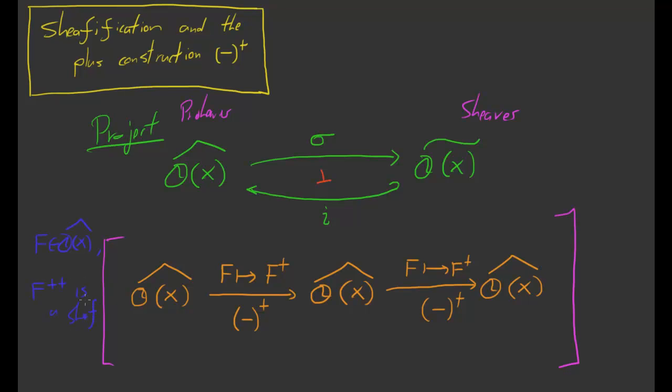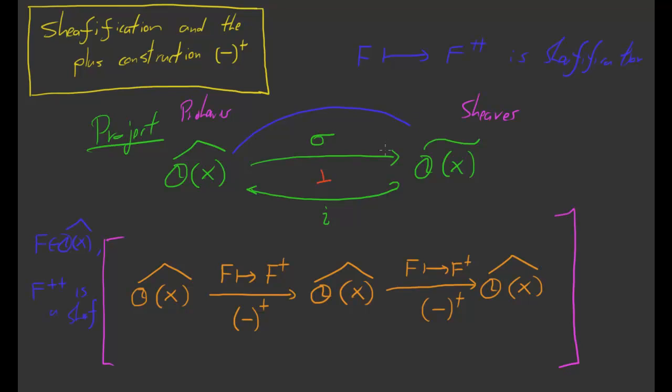By that I mean you take f, you apply the plus operation to it once, and then you apply the plus operation again, and you'll get a sheaf. And it's going to turn out that the functor taking f to f plus plus, that's sheafification. That functor, which goes into the category of sheaves, will actually be the left adjoint of inclusion.